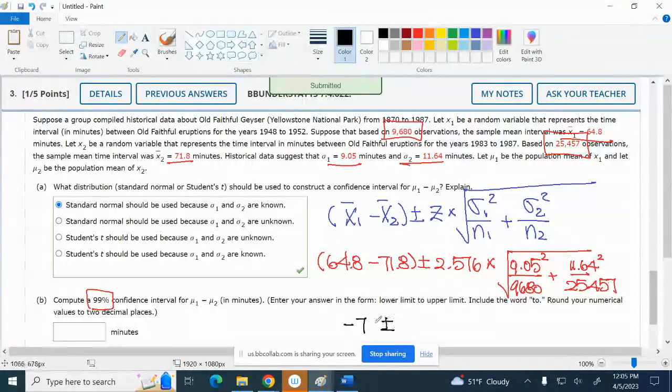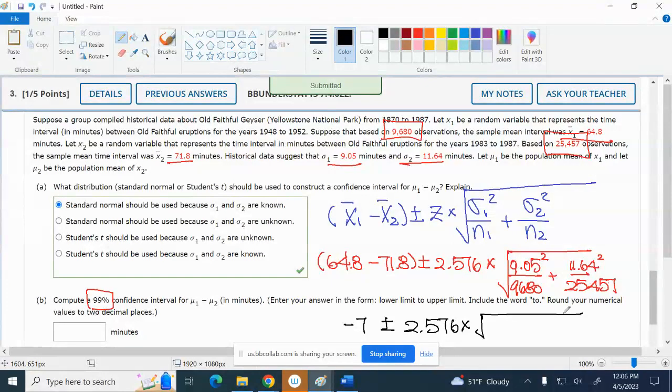The difference can be negative, positive, because that is the mean difference. And let me take the critical value. Let me do the multiplications later because it is a long calculation. Let me take only the inside of the square root.